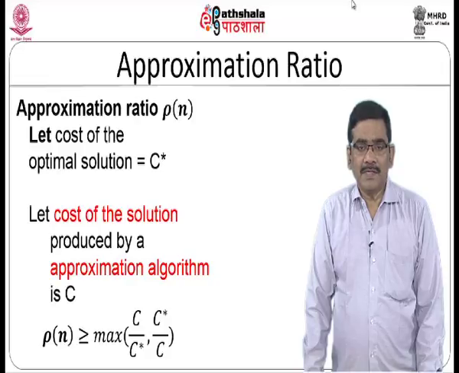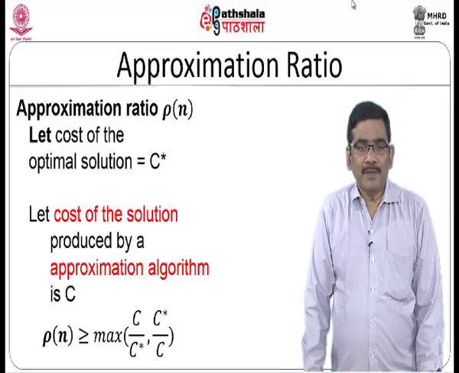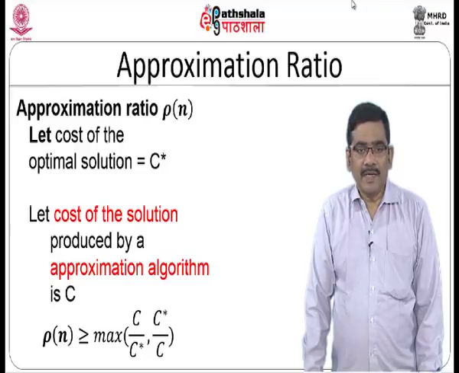On the contrary, it can be easier to write algorithms with an approximation ratio in multiplicative terms. If the cost of the optimal solution is C star, and the cost of the solution produced by the approximation algorithm is C, then we take the ratio of C to C star and C star to C, and find the maximum.